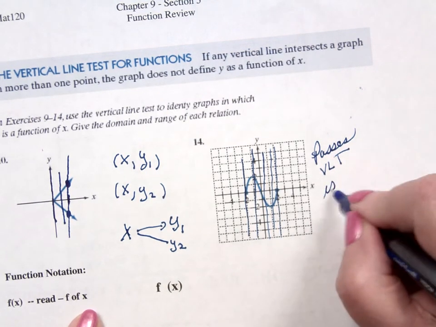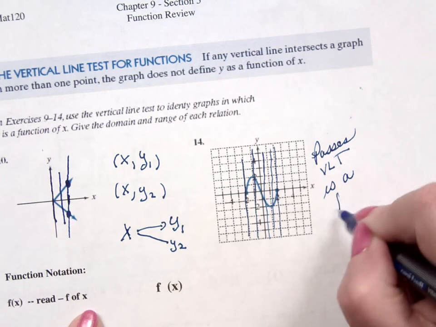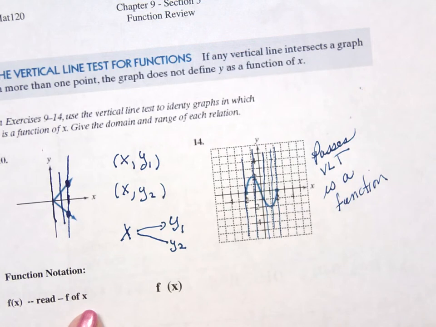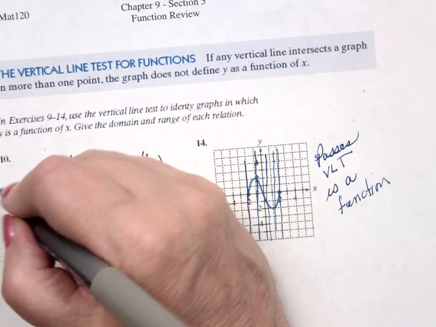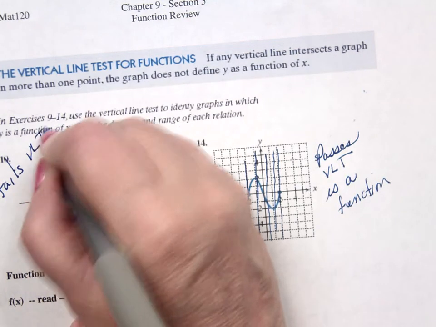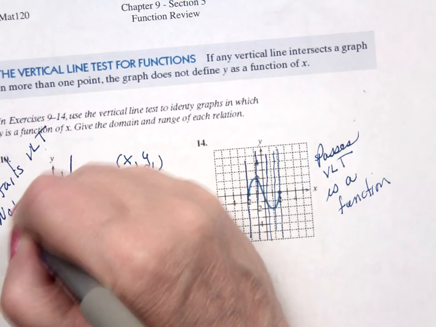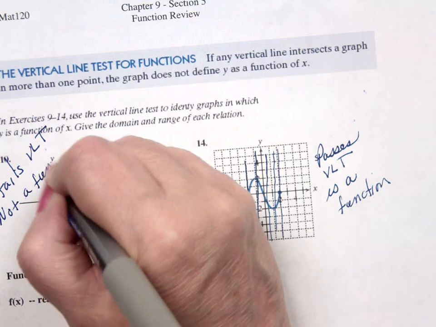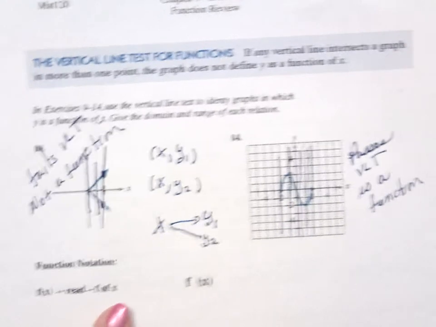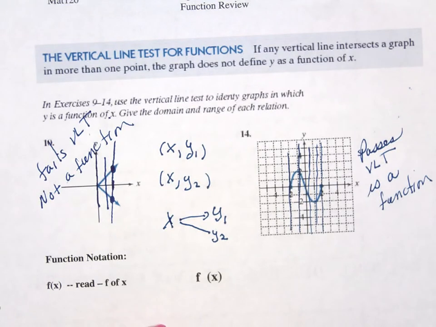So this is a function. And this fails the vertical line test. So this is not a function.